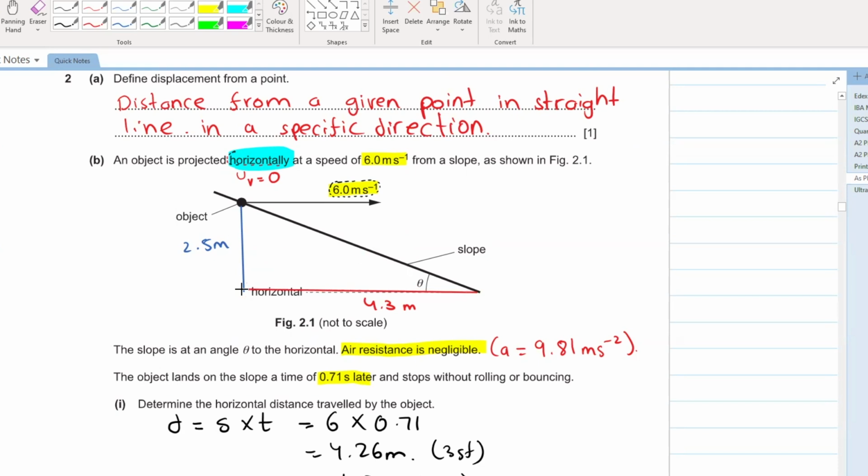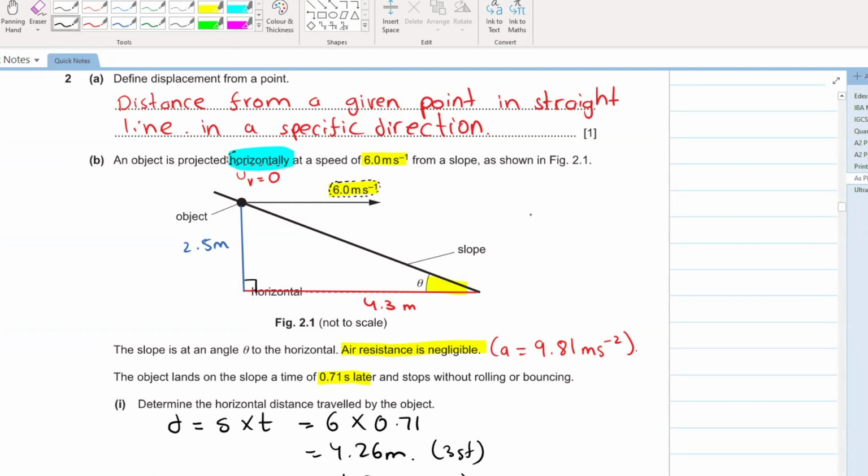Now, can you geniuses spot that this is a right angle triangle? Yeah, this is a right angle triangle. You have to calculate this angle theta.